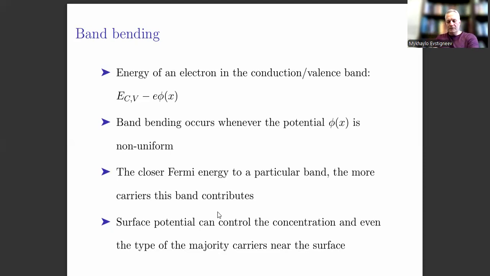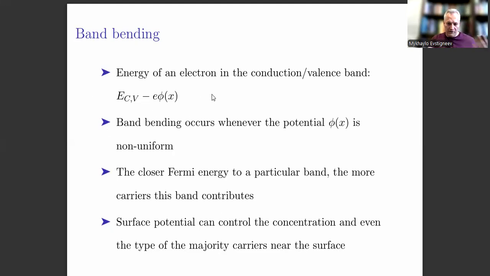All right, in the presence of an electric potential, the energies at the band edges, EC and EV, become offset by the product of the elementary charge times phi of x, and because the electron has negative charge, this offset enters with the minus sign.